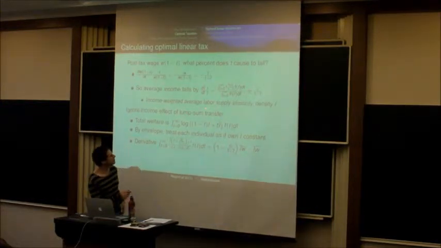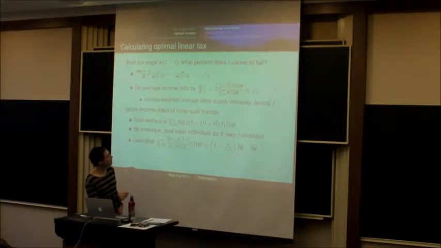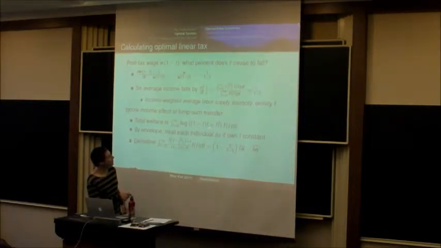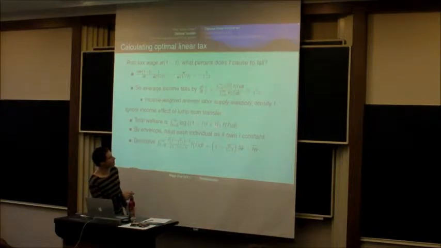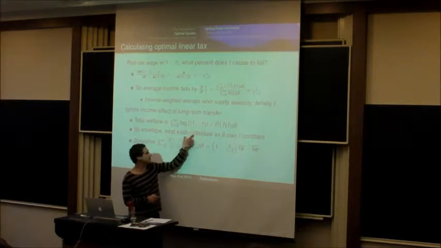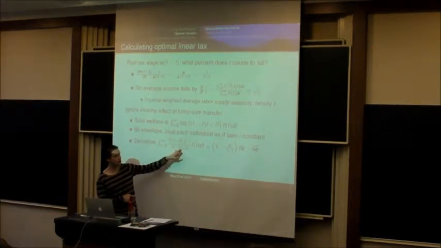So that just comes from taking the derivative here. Every person loses I, and then what do they gain? If the tax rate goes up, they gain the average income, but then that average income falls, so you use the product rule and take the derivative, and that's all multiplied by the welfare weight that we put on someone.